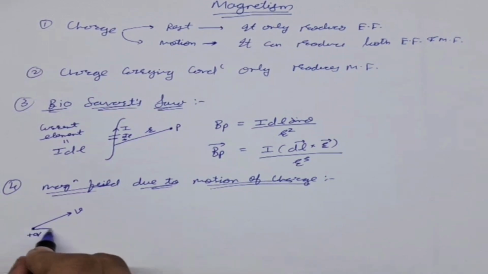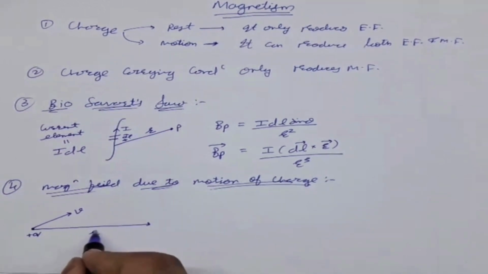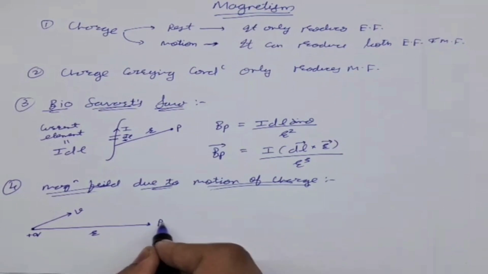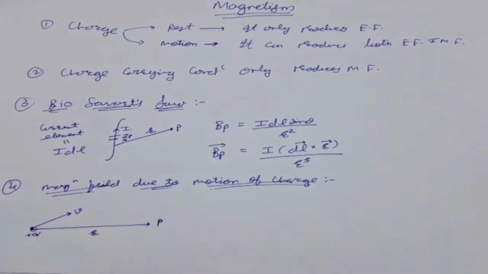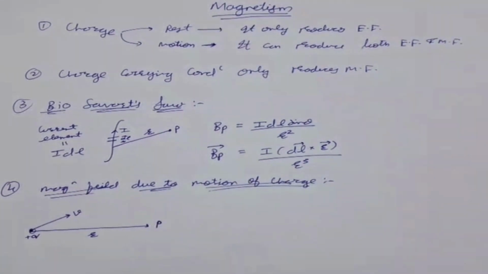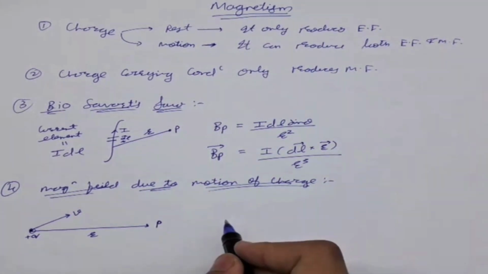Now let us consider a point P at a distance r from the charge +q. As you all know, the +q can produce a magnetic field at point P. We will discuss the direction of the magnetic field later. So today let's concentrate on the values of the magnetic field.